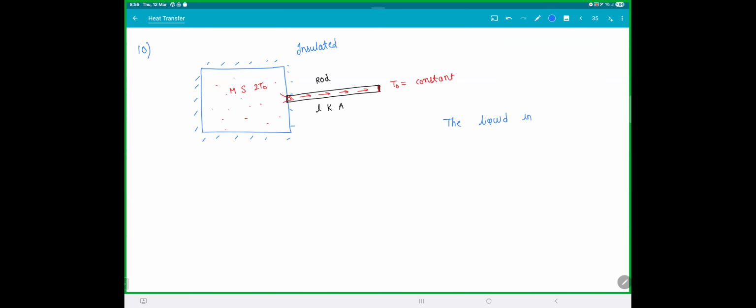So we have an insulated container with some liquid at temperature 2 T naught. You connected a rod from inside to outside. And the other end of the rod, you're maintaining at a lower temperature T naught. So the heat starts flowing from the container to outside through the rod. Find the temperature of the liquid as a function of time t. The liquid in an insulated container is in contact with a rod.